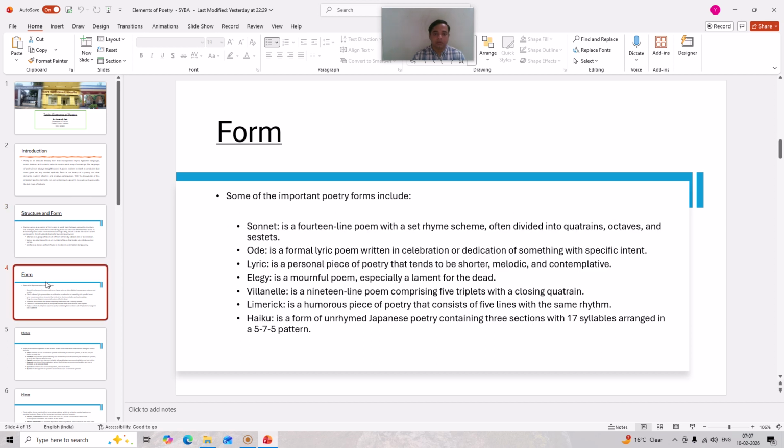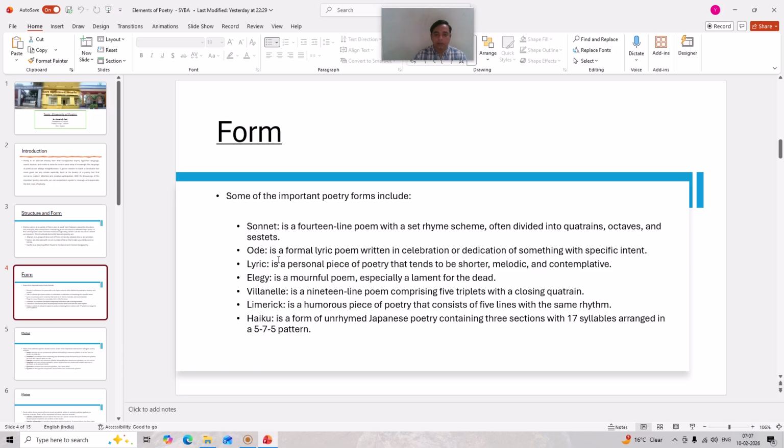For example, when we read a 14-line poem, we come to know that it is most probably a sonnet, because 14-line poems are most often found in the form of a sonnet.